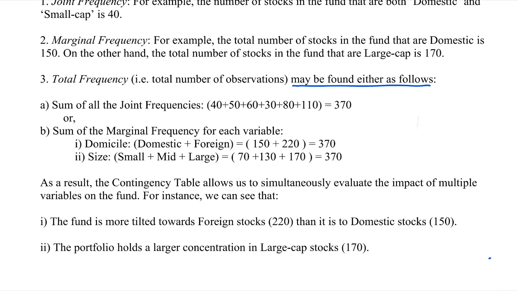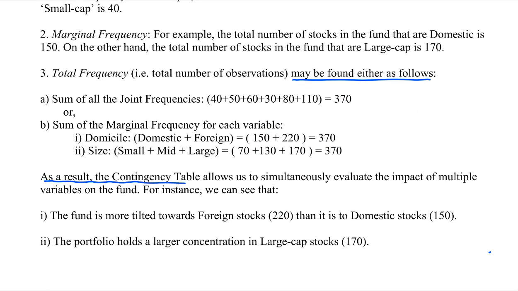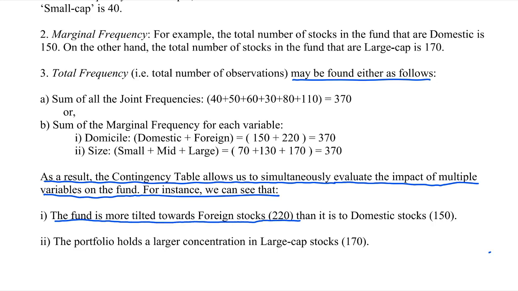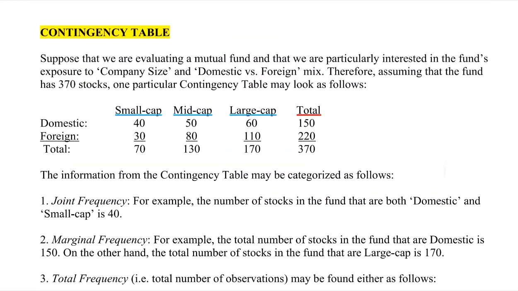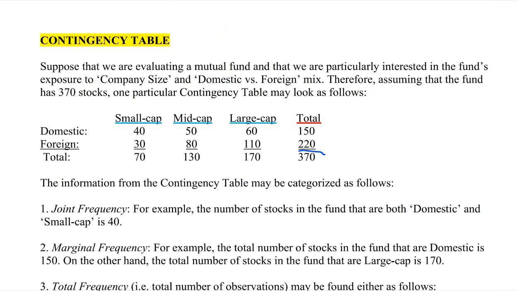As a result, a contingency table allows us to simultaneously evaluate the impact of multiple variables on the fund. For instance, we could see that the fund is more tilted towards foreign stock than it is towards domestic stock. Let's go have a look at our data. We know we have 370 total stocks, and you could see clearly that the majority of those 370 are listed on a foreign exchange.